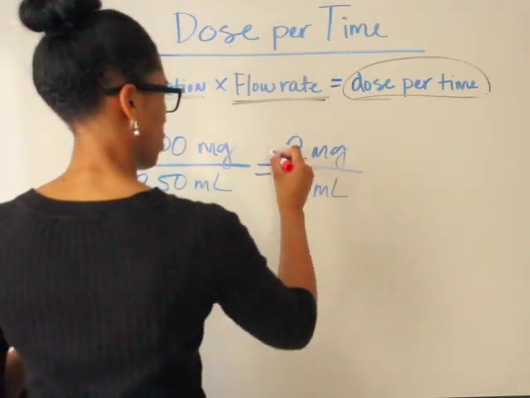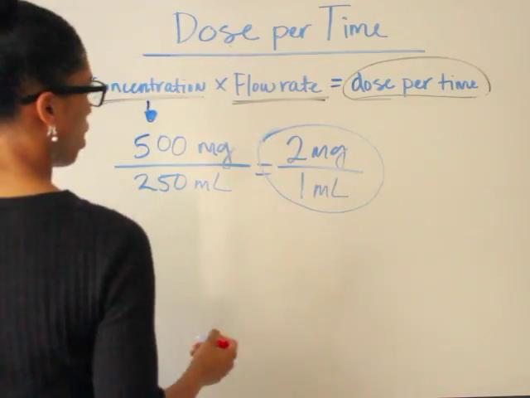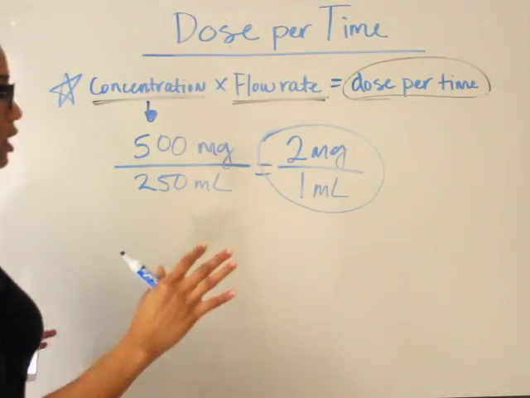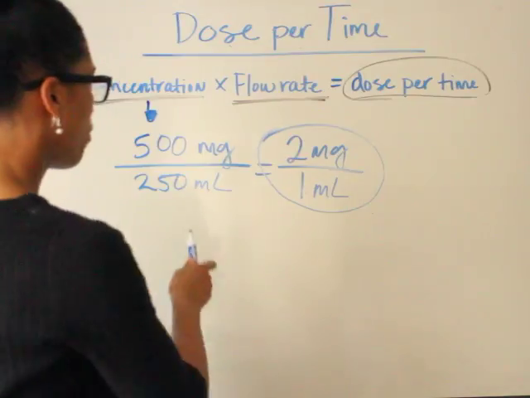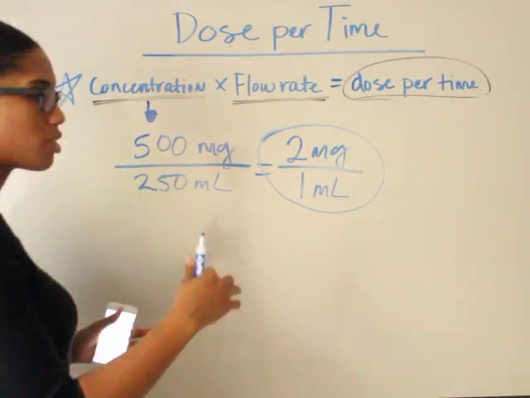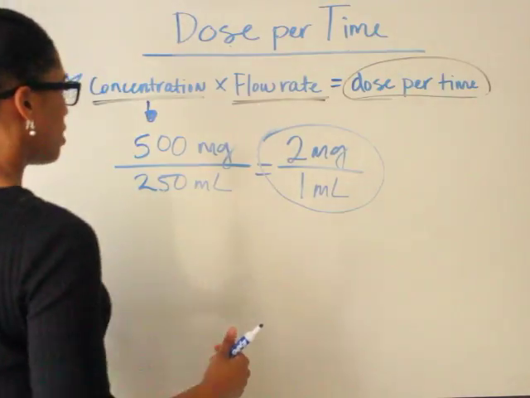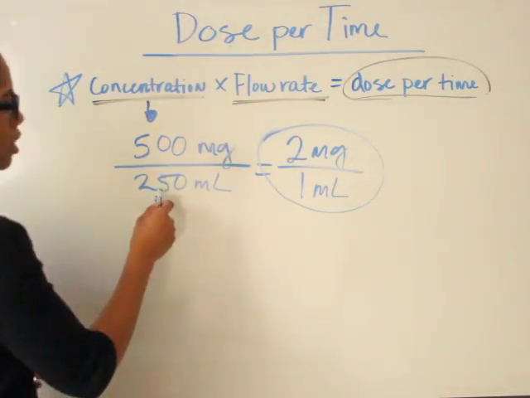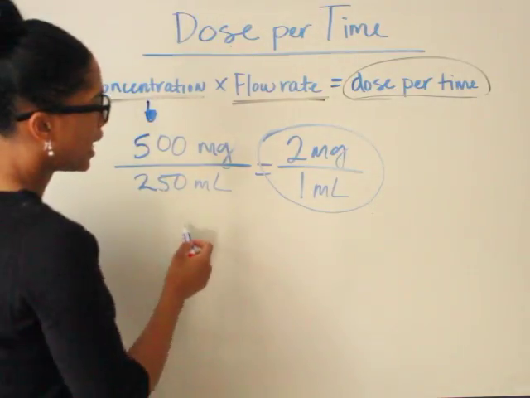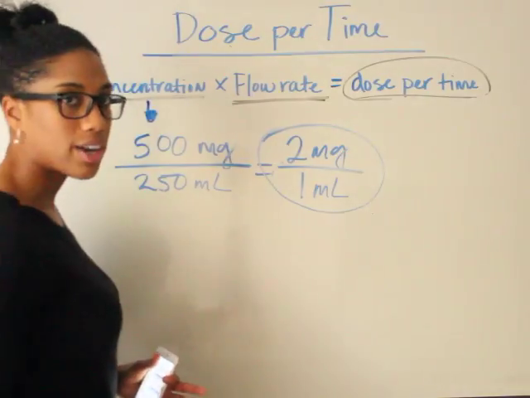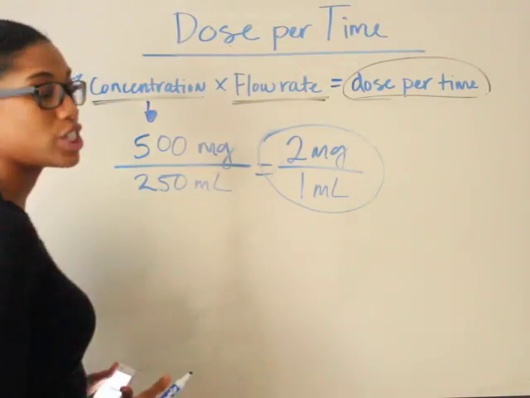So this will be our concentration that we'll be using here. And how I got that is this: you find the common term for these two. You can say 5 goes into 500 and break it down that way, but I already knew that 250 can go into 500. So 250 goes into 250 one time and 250 goes into 500 two times. Okay, so that's how you calculate the concentration.